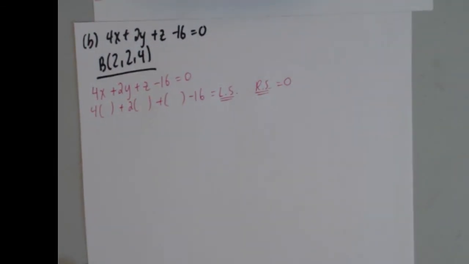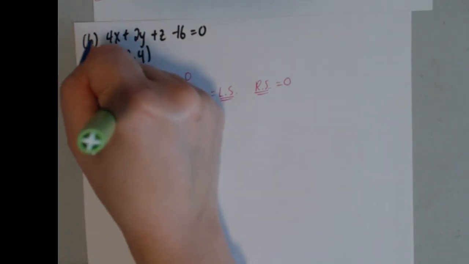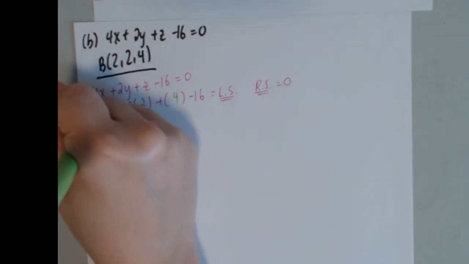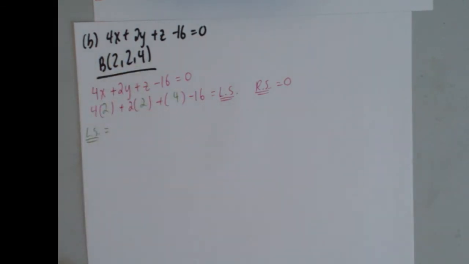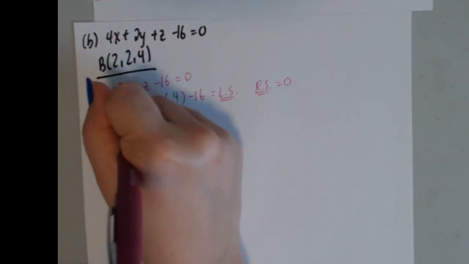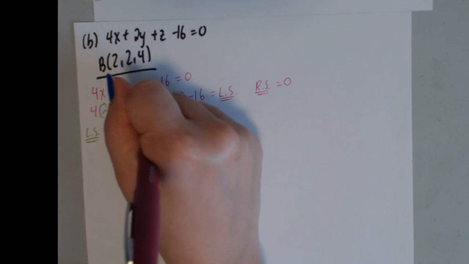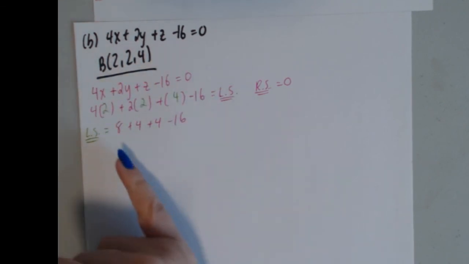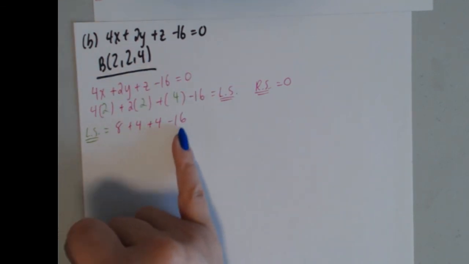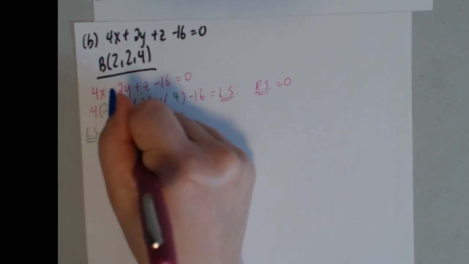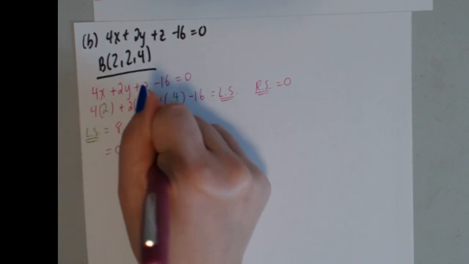Plugging in the point (2, 2, 4), the left side is 4 times 2 is 8, 2 times 2 is 4, and then we have 4 again, minus 16. 8 and 4 is 12, plus 4 is 16, minus 16 is 0, which is equal to the right side.